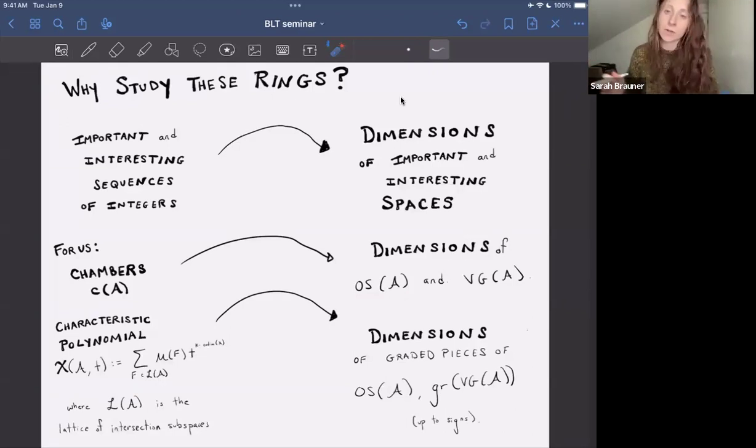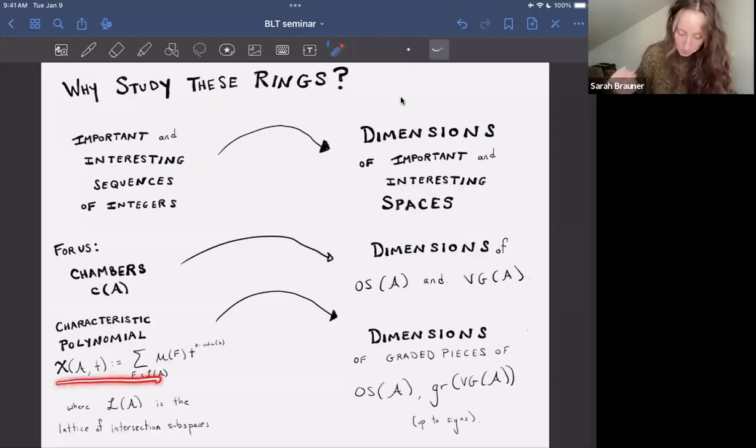But even more refined, there's the characteristic polynomial, some sort of combinatorial function that you can associate to your hyperplane arrangement. The coefficients here give the dimensions of the graded pieces of the Orlik-Solomon algebra and the associated graded Varchenko-Gelfand ring, up to sign.